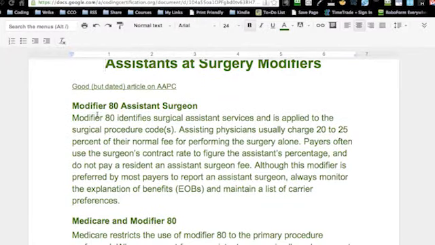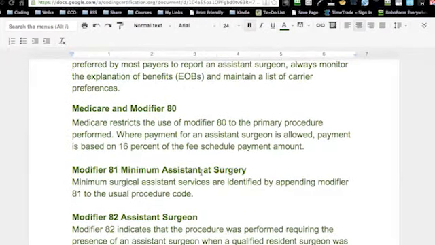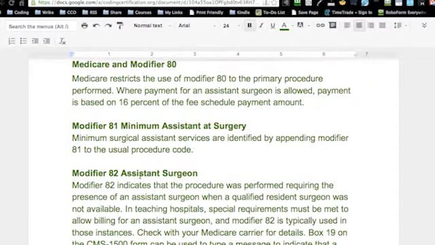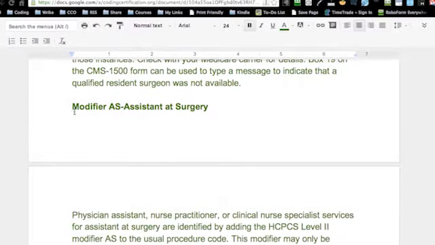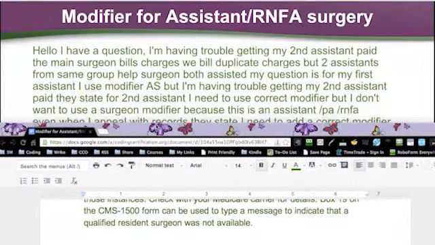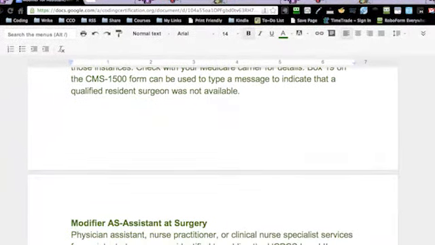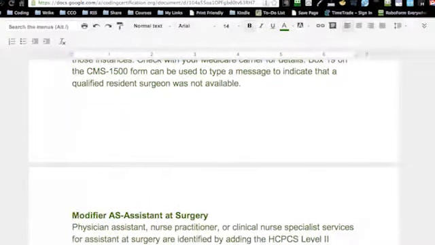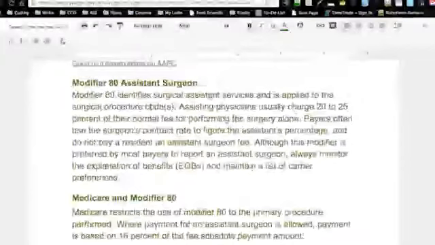And basically, you're going to have modifier 80, I'll show you the choices first, 81, minimum assistant, 82, assistant at a teaching facility, and AS, this is the one that she was talking about, which, by the way, it took me a while to figure out her question because she didn't have AS capitalized, and I kept going, I use modifier as, but so I finally figured it out. So do us a favor when writing questions, capitalize when it's important. Okay, so let's review what this is telling us.